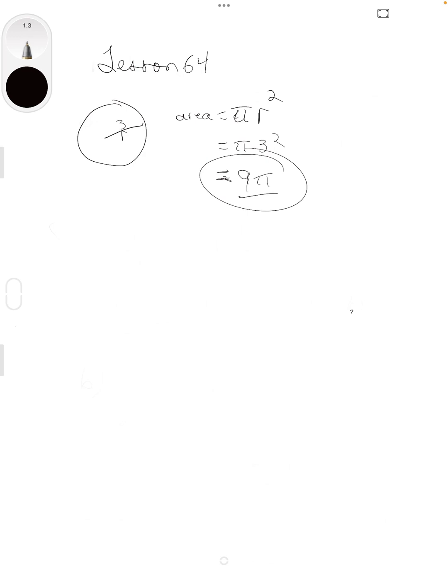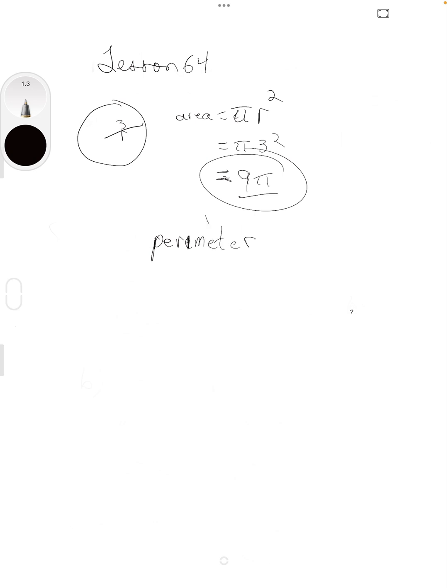That's area. If I want to know the perimeter of a circle, it is 2 pi r. So in this case, it would be 2 times pi times 3, or 6 pi, and that's around 18. So if this was in inches, this would be 9 pi inches squared, or somewhere around 29 inches squared.